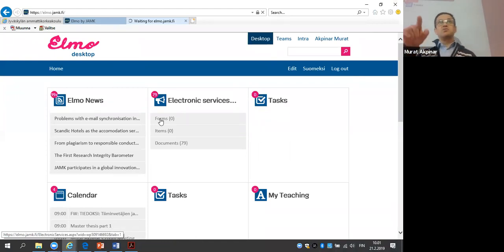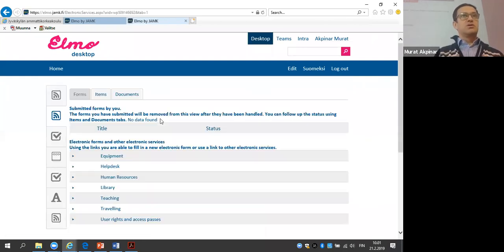Let's check from your computer, because my computer doesn't show that form as I'm not a student. So your starting page, right? Click on the forms.